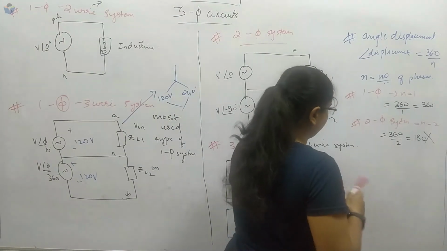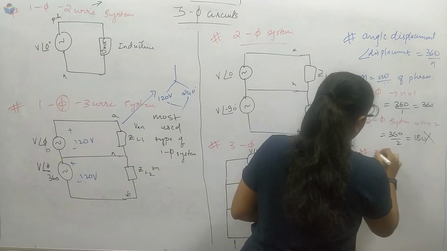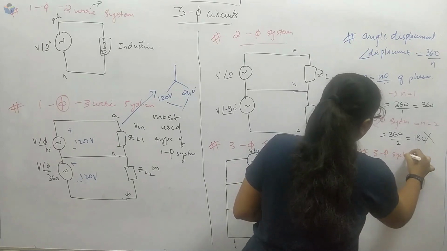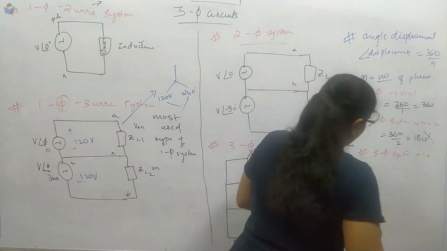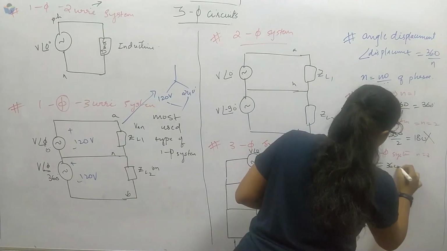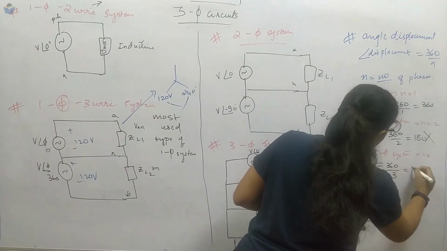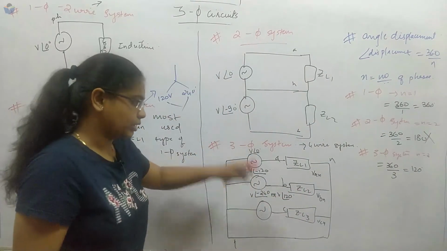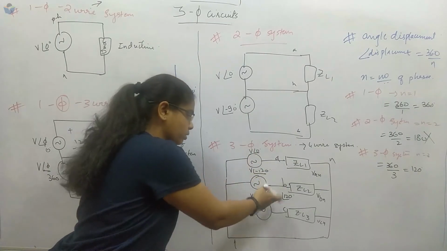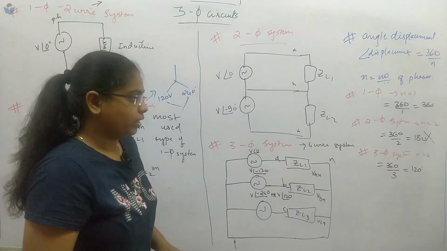Next, coming to the 3 phase system, N is equal to 3. So our displacement will be 360 degree by 3, which is 120 degree displacement between all 3 phases. That's why we have written 0, minus 120 and minus 240 degree.